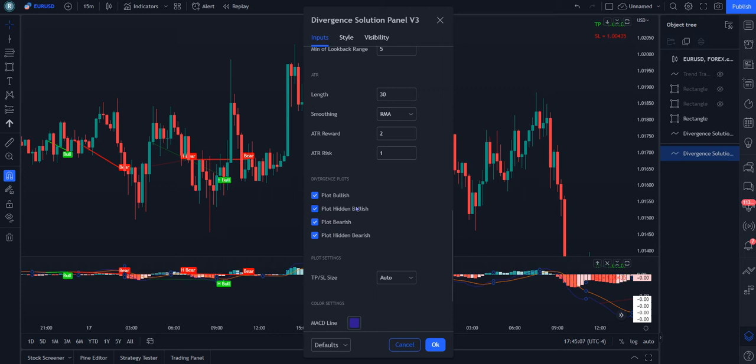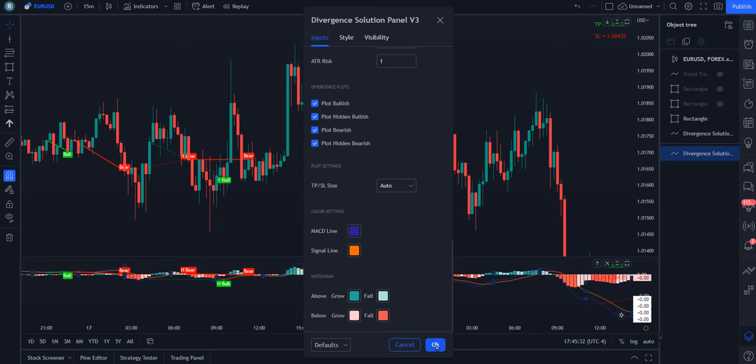So it's got a lot in here, but I'm going to try and make this very simple to use. The main settings I would alter personally are what it's going to plot, whether it's just regular bullish divergence, hidden bullish, or even the bearish divergence as well, regular and hidden.